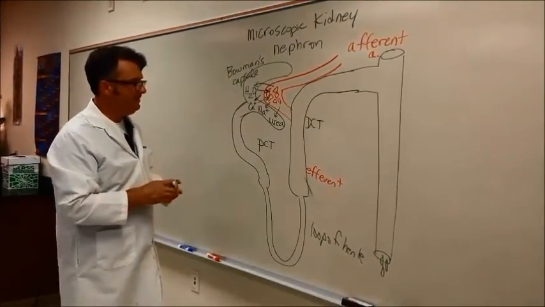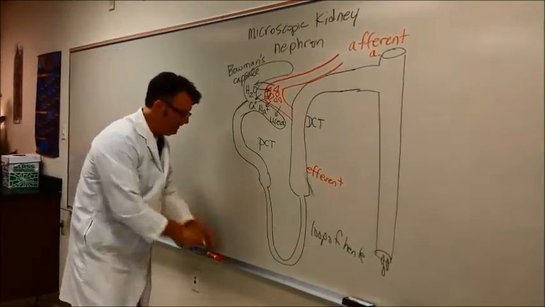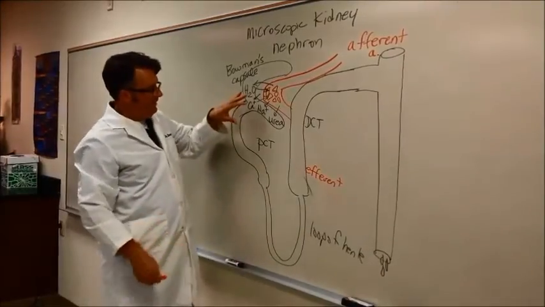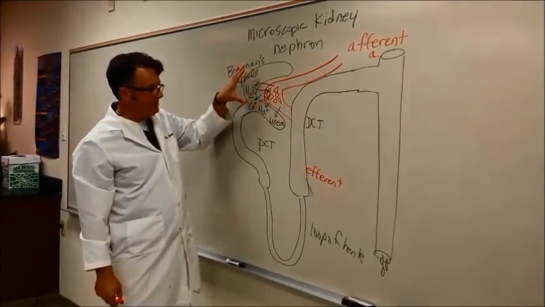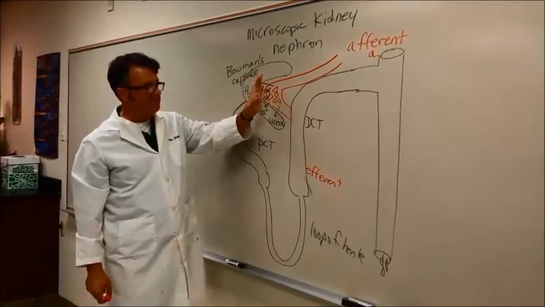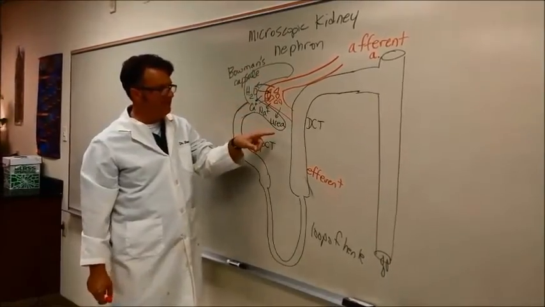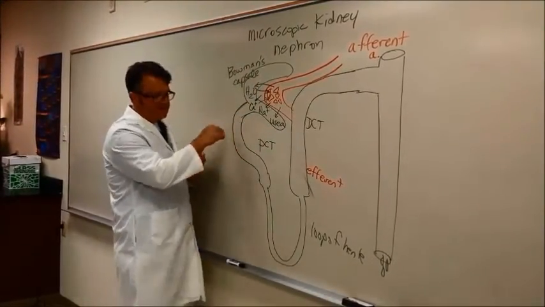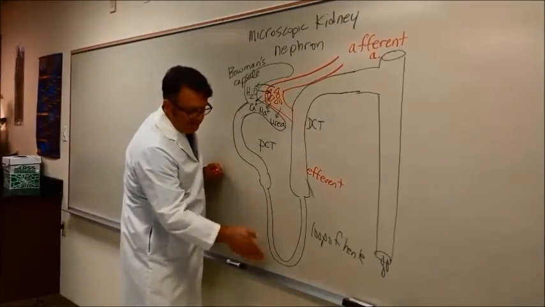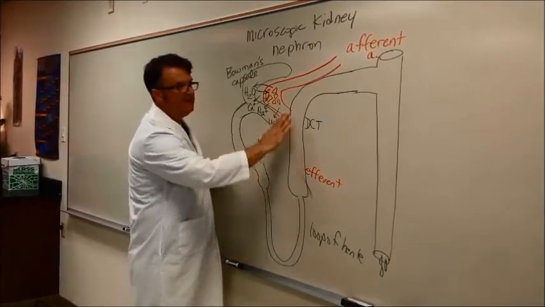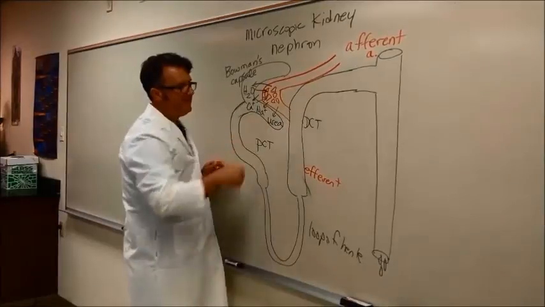Now, an interesting thing happens when we filter everything across, not the blood cells, but all of these other elements that I told you. This kind of snakes down into the deep part of the kidney and then kind of comes back up, as you can see.